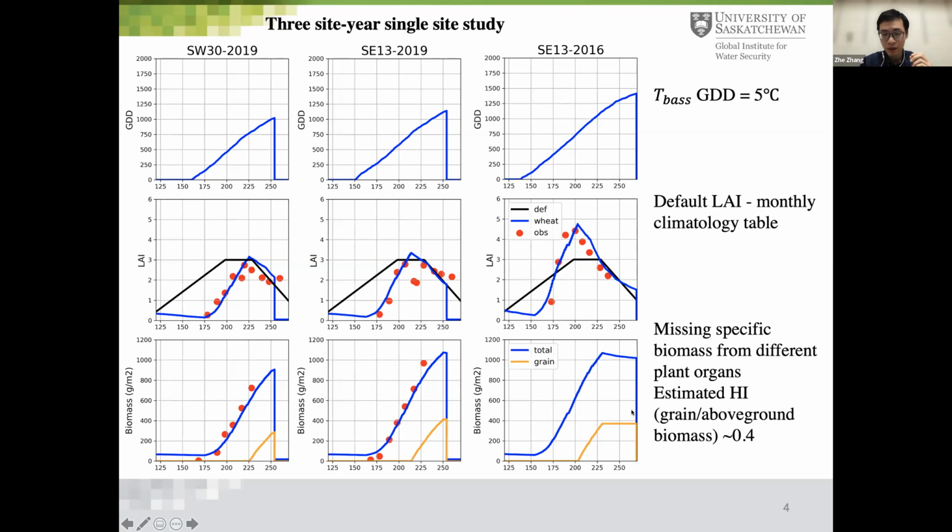However, there's another part: if you look at the orange line, that is the model simulated yield grain. And as other crop models might put it into another parameter called the harvest index, which is the grain divided by the above ground biomass, to be around 0.4. So our model, despite not having much specific detail, gives a result that falls into a reasonable range compared to other modeling studies. So these are for the LAI and biomass.